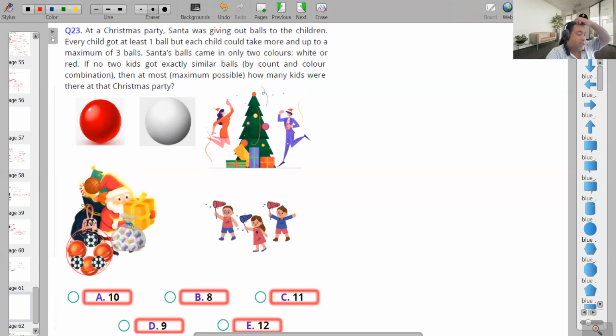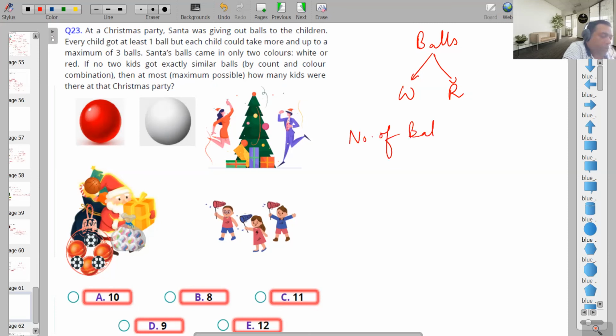So this is again a pigeonhole principle problem. We need to count the combinations. Now we need to understand that the balls are of 2 types, white and red. And the number of balls a kid can take is either 1 or 2 or 3.